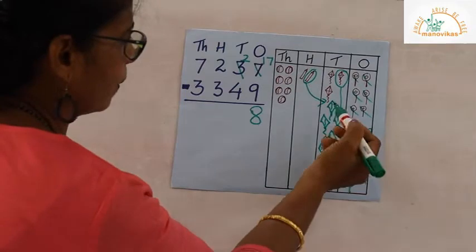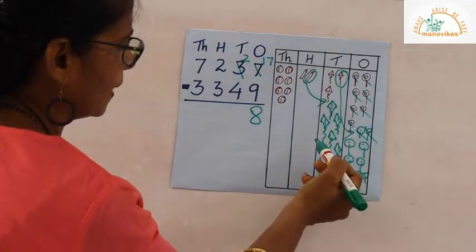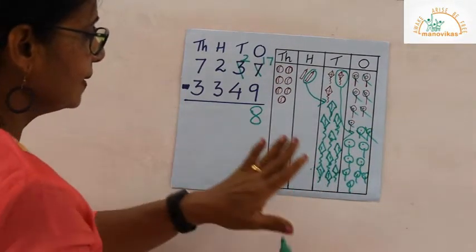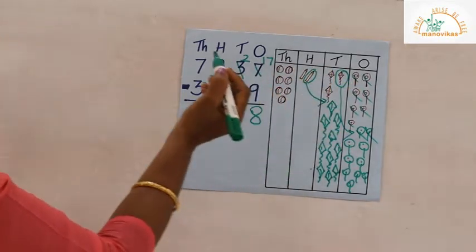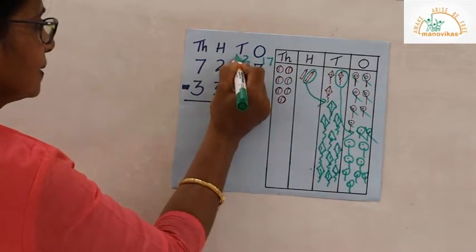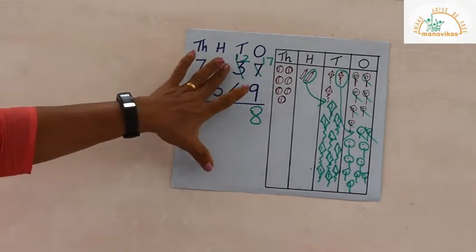So we have 10. 10 plus 2 gives us 12. So that in the tens place we have number 12.